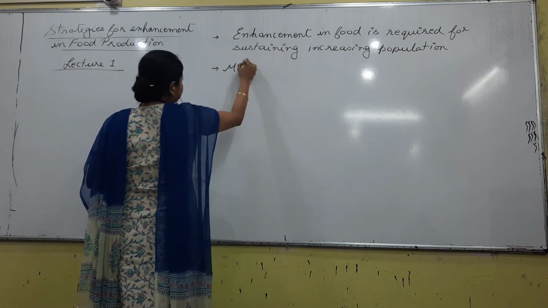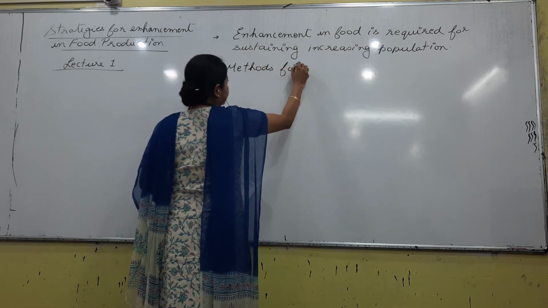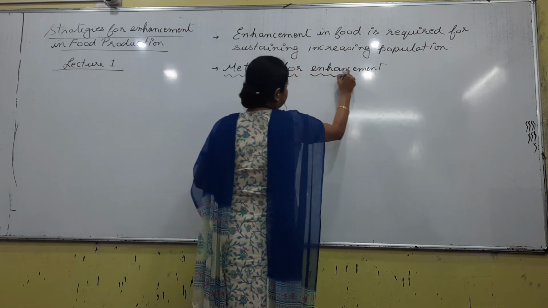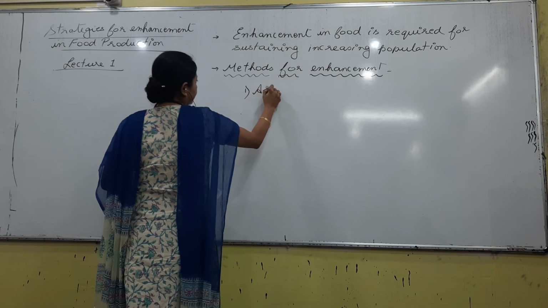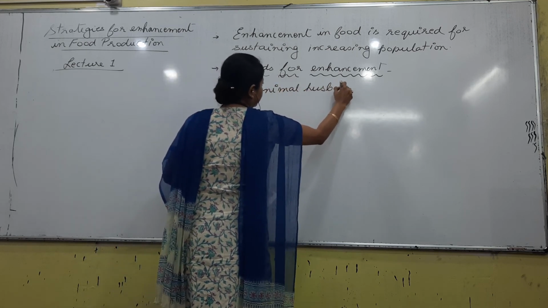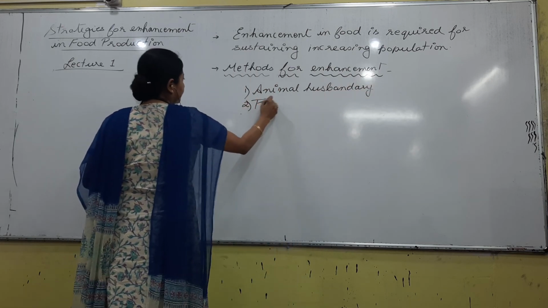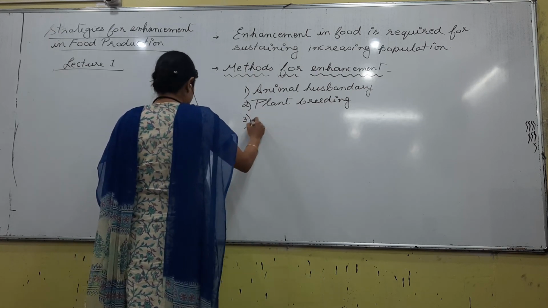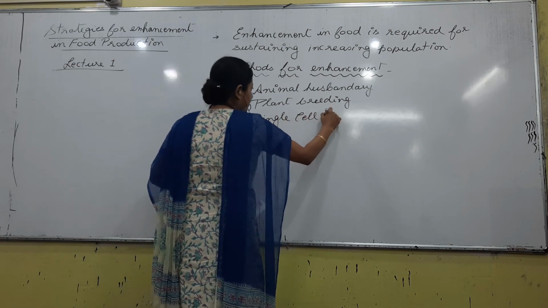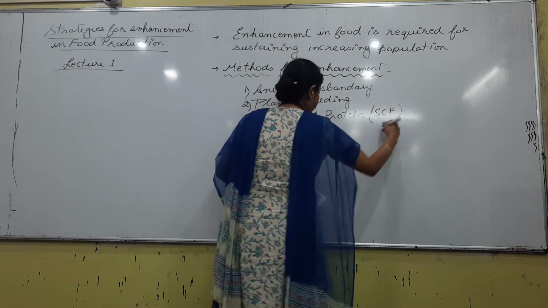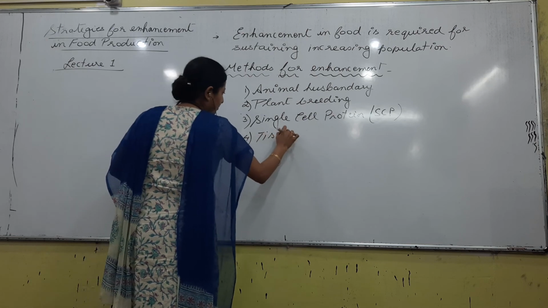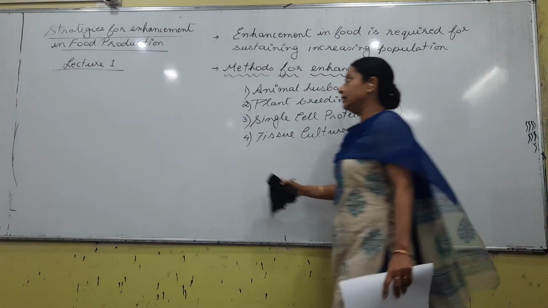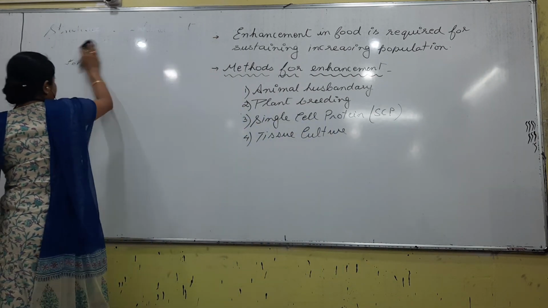Strategies for enhancement, write it in total. So with these methods we can go for enhancement of food production, and if the amount of food increases, then there will be no starvation, everyone will get food.